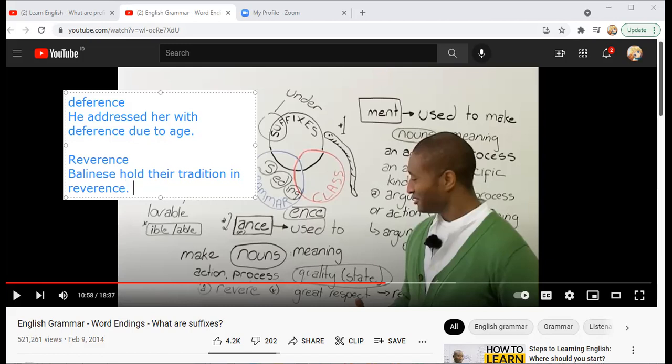It's more of a spiritual sense, while deference is more about people. So reverence is our state spiritually, our spiritual condition. Deference is more like our action, roughly. In my opinion.